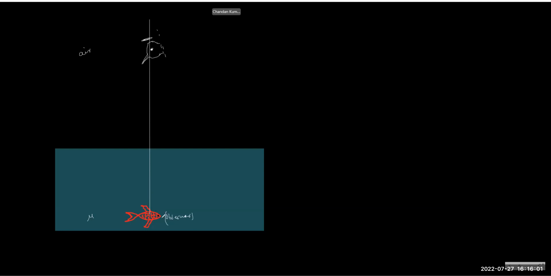So now this is the kingfisher, and this is the fish. And now what I'm saying is, the fish is the observer. The kingfisher is in air. So the question is, let's say the height of the kingfisher from the interface is h.